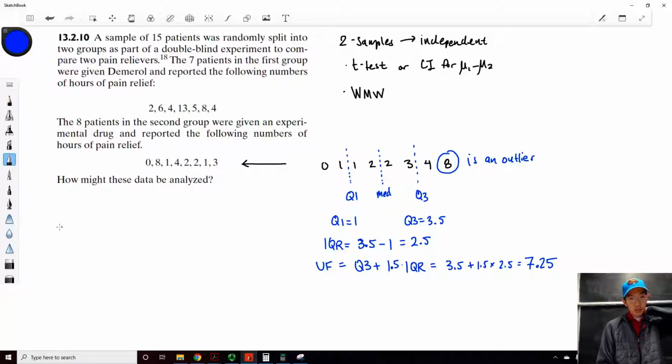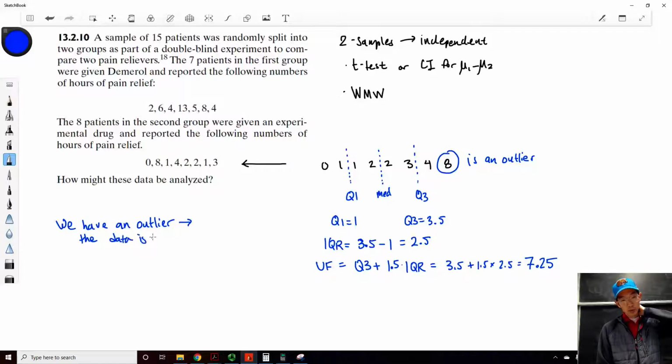So we have an outlier, which means the data is unlikely to be normal, and we have a small sample.